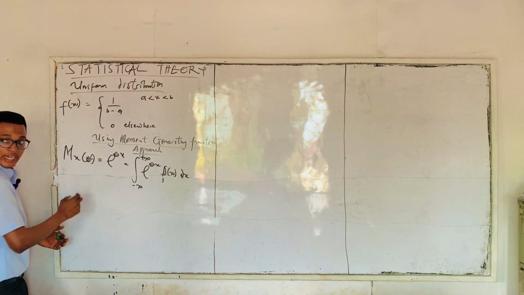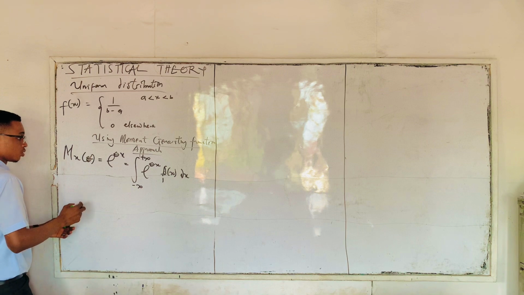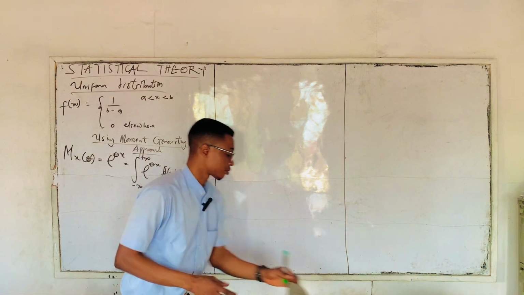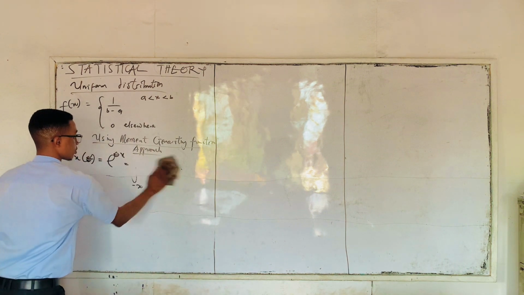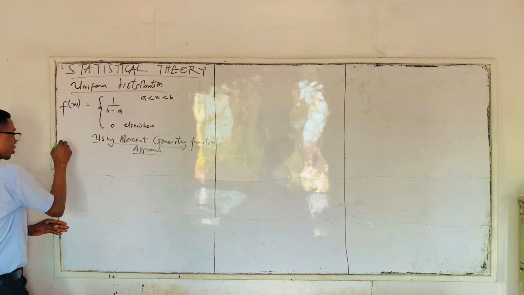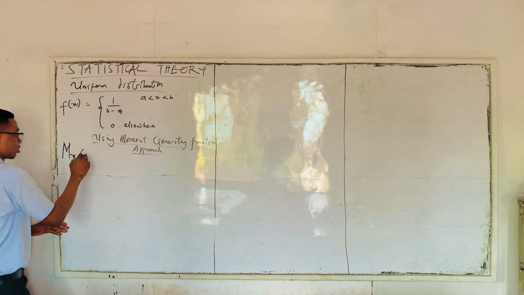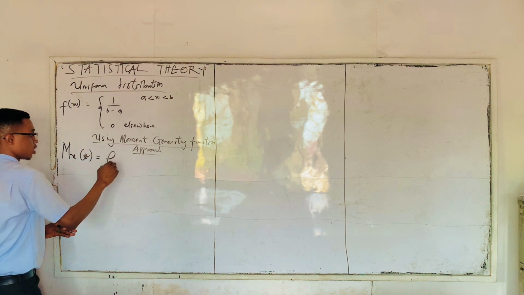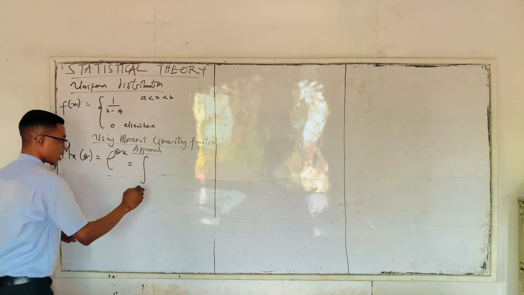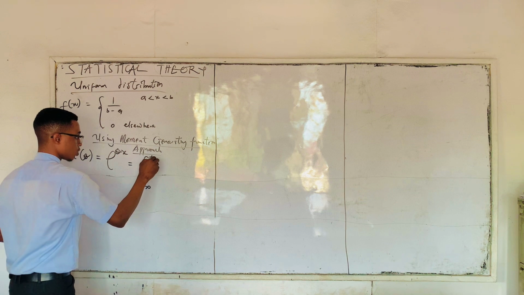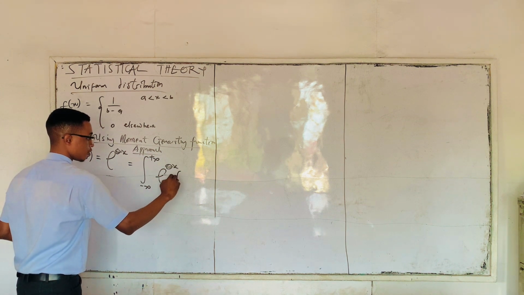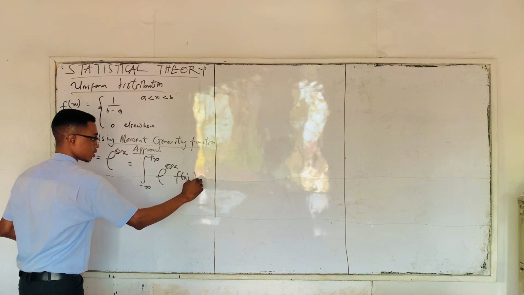Now, to get the mean of this distribution, we have M_X(theta) is equal to the expectation of exponential theta x, which is equal to the integral from minus infinity to plus infinity of exponential theta x f of x dx.